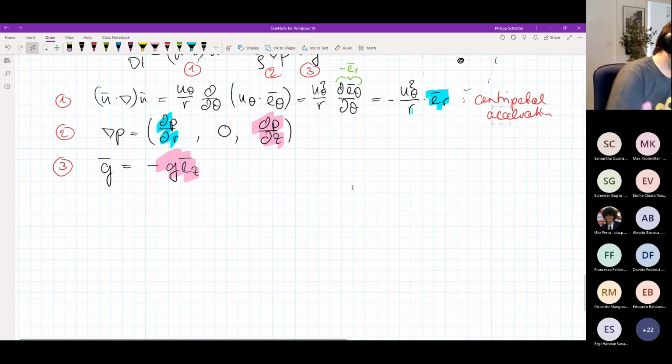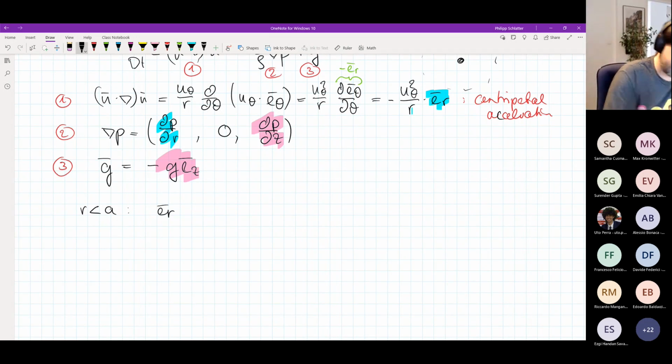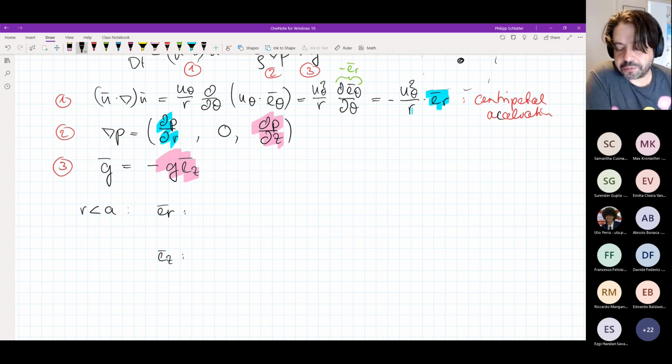Okay. Now, let's start with being a little bit more concrete. Let's look at the inner part of the vortex. So if R is lower than A. Well, there we can do exactly these two directions, the projection in these two directions. We have the ER direction and we have the EZ direction. The E theta direction is 0 equals 0, so this doesn't really do much. Okay, so what do we have here?